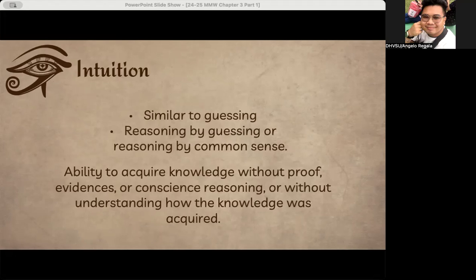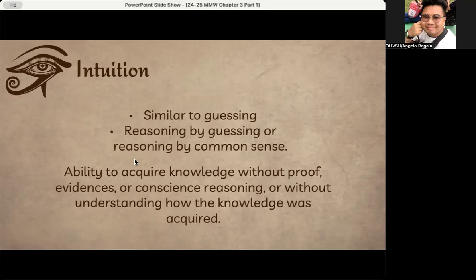Okay? So when we say intuition in Tagalog, ito yung feeling ko, pakiramdam ko, ganito siya. Okay, so kapag ganun yung naririnig mo, it means intuition yon. Okay? Sa palagay ko, ito yung situation. Sa palagay ko, ganito yung mangyayari. Intuition ang tawag natin doon.